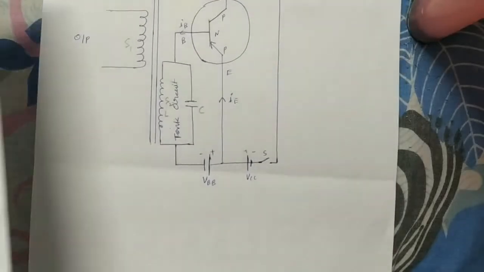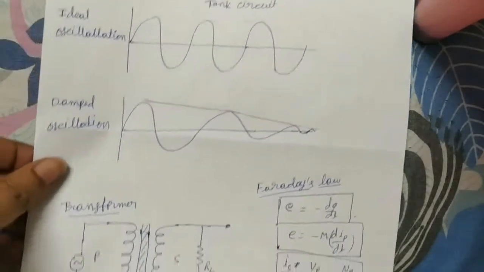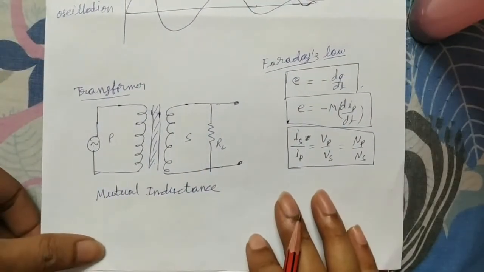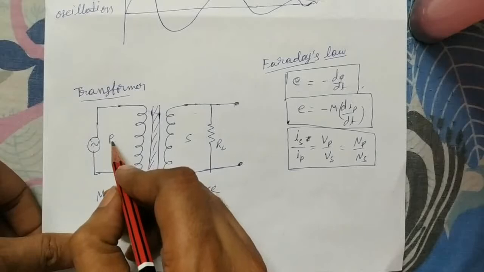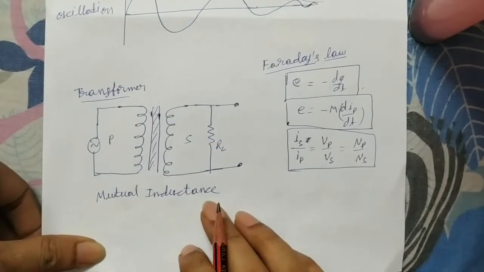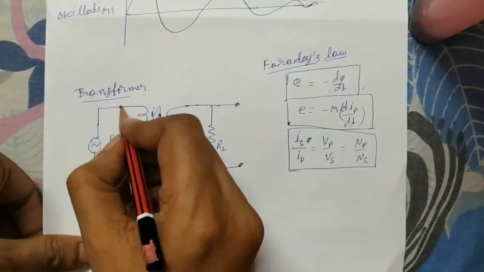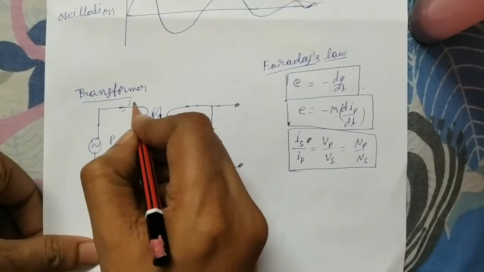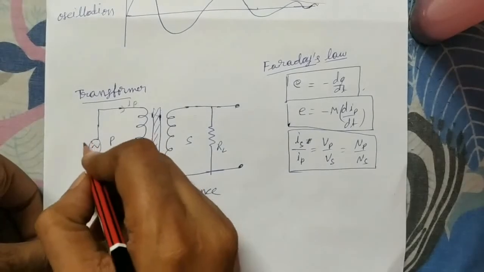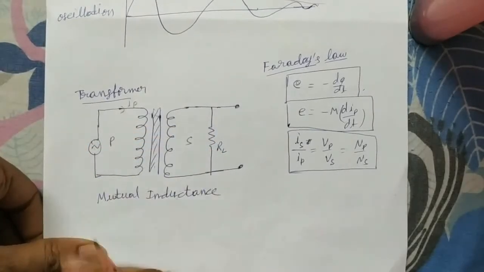Now, another circuit used in the oscillator is the transformer. A transformer has two regions, two coils: one is the primary coil and the other is the secondary coil. Suppose you send some current through this, that is I primary. If you apply an AC power supply here, this current is continuously changing.